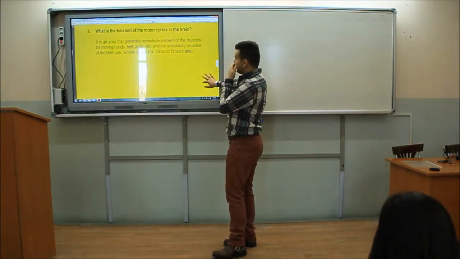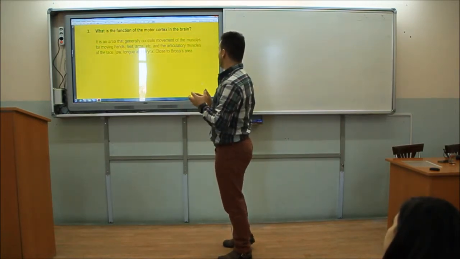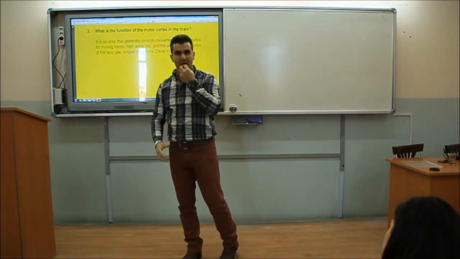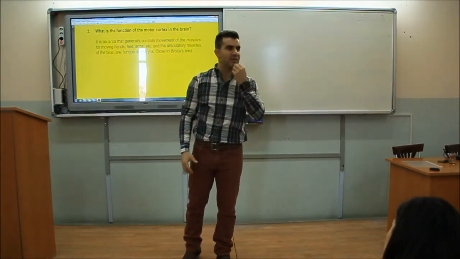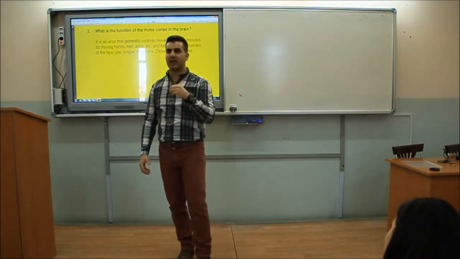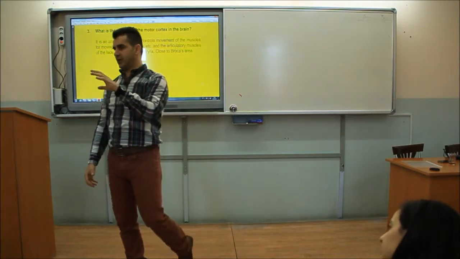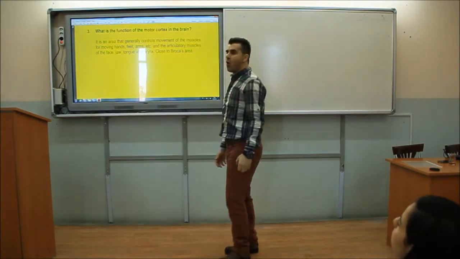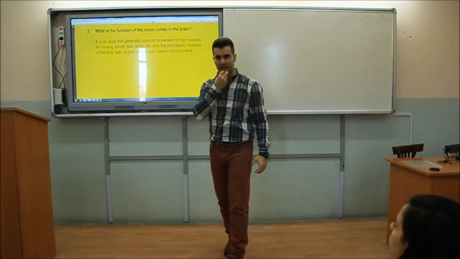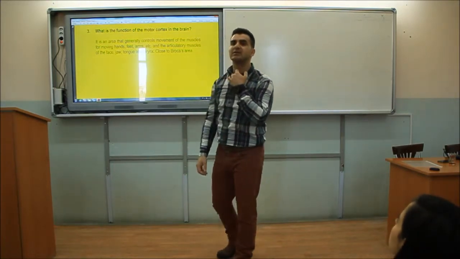So here, moving of the muscles: moving hands, feet, arms, and the articulatory muscles of the face. When you say this, you move your lips, and then you use your mouth, your teeth, jaw, chin, tongue, and larynx.